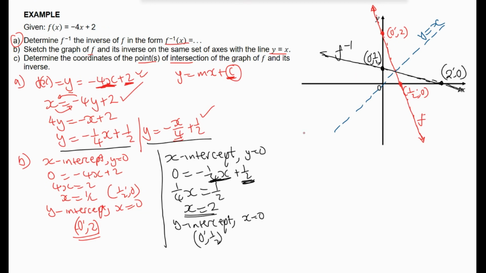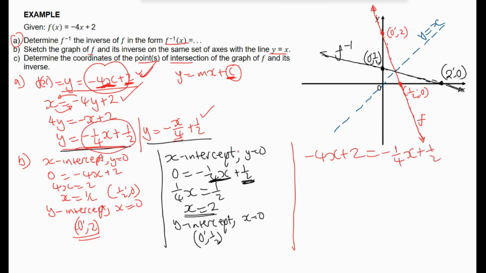Right, let's do C. Determine the coordinates of the points of intersection of the graph of f and its inverse. We have the equation for the function. We have the equation for the inverse. So for points of intersection, we solve simultaneously. So -4x + 2, which is f(x), is equal to -1/4 x + 1/2, which is the inverse.